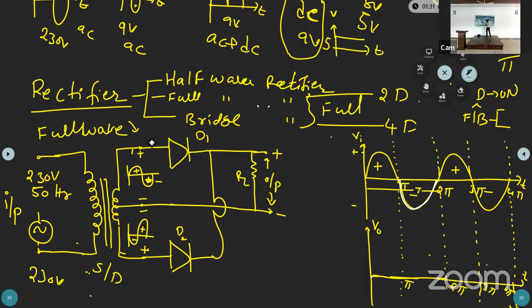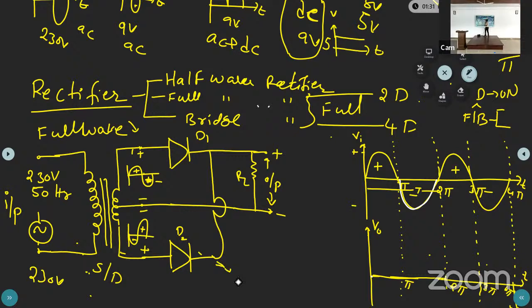Now coming to the operation, first you apply the positive half cycle here, 0 to pi. What is the waveform? Positive half. For this positive half cycle, which diode conducts and which diode is off? Here it is 0 to pi, and here also 0 to pi, the same waveform we are applying, but here the positive will become negative and the negative will become positive.